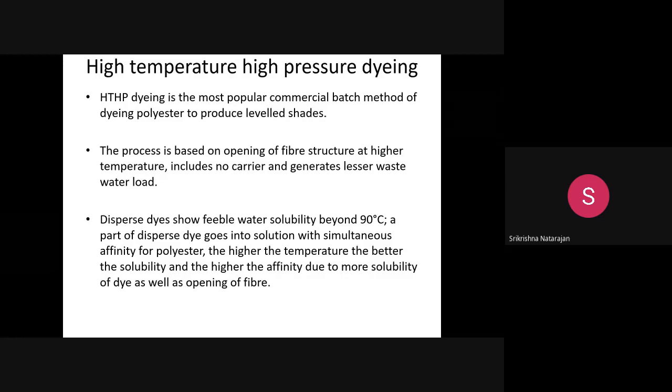This process does not need a carrier. What a carrier is, we will see later. Just know this is high temperature, high pressure: you use a very high temperature and a very high pressure to dye. So it does not require any extra polluting chemicals like carrier and generates a lesser waste load.